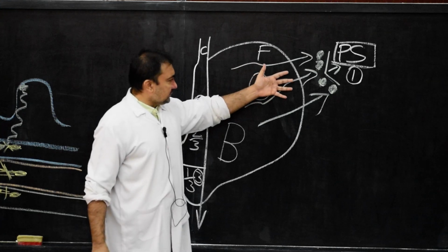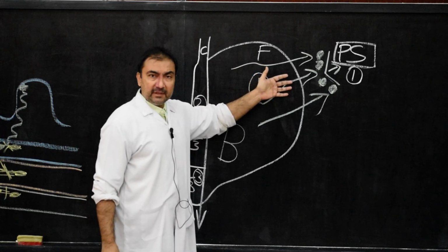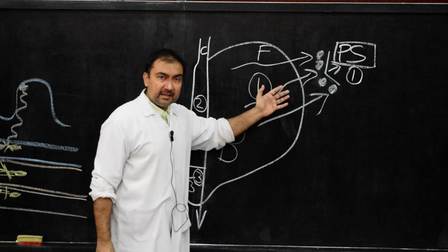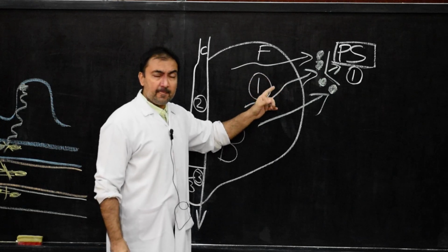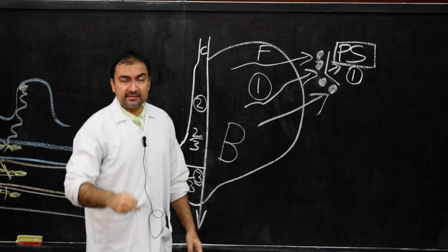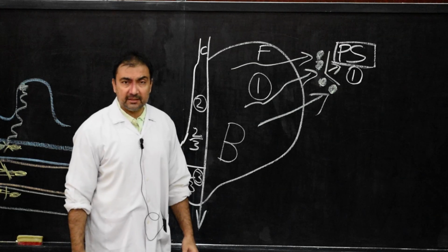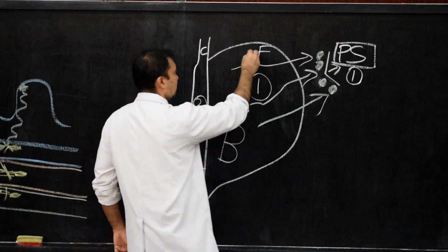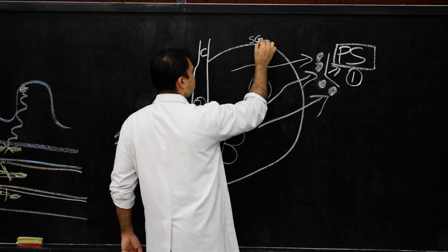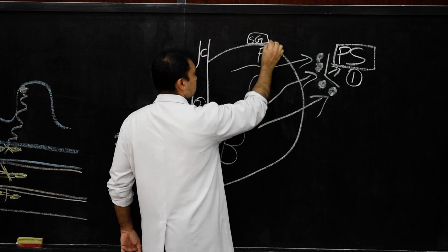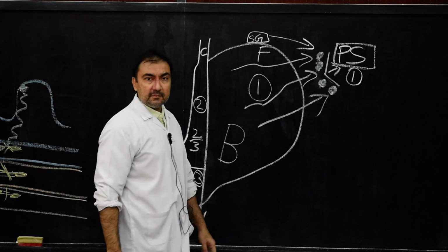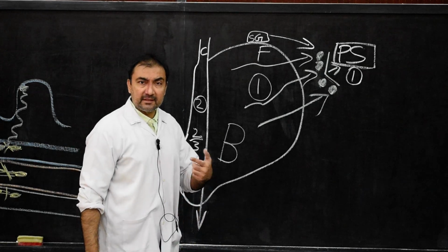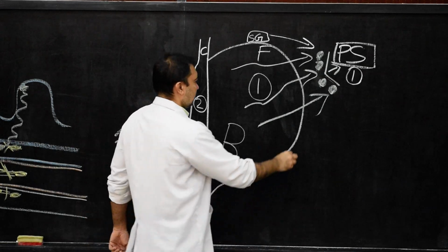From this area of the stomach, all this lymphatic drainage will be carried via two arteries, two blood vessels, which are there: short gastric arteries and left gastroepiploic artery.